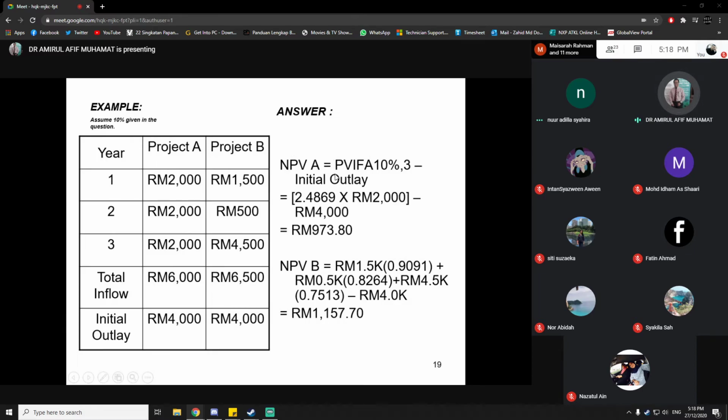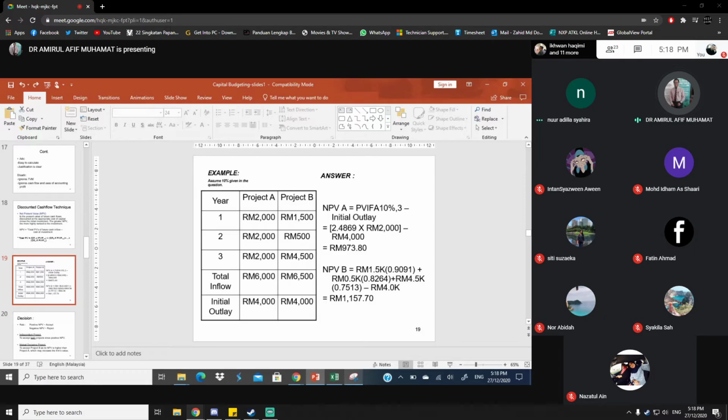Kalau annuity, refer to present value interest factor annuity table. Yang ni simple present value, so refer to present value interest factor. Yang B ni bukan annuity. Kalau you tengok dekat table ni, you kena table yang bukan annuity.